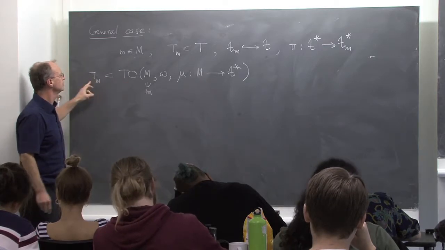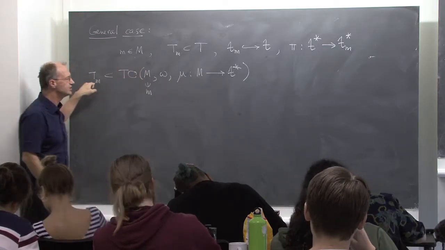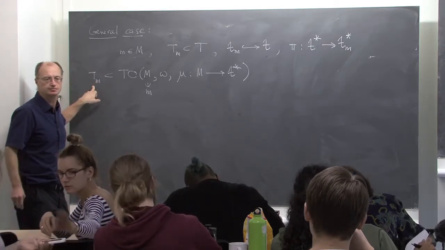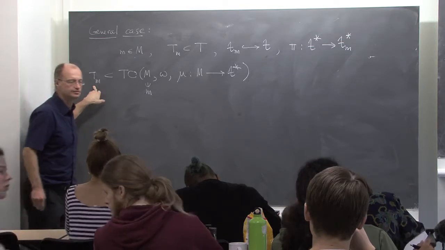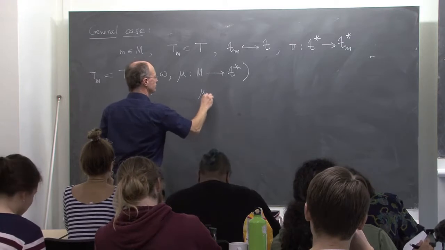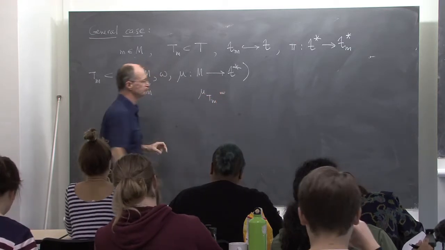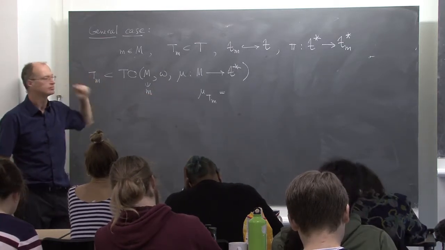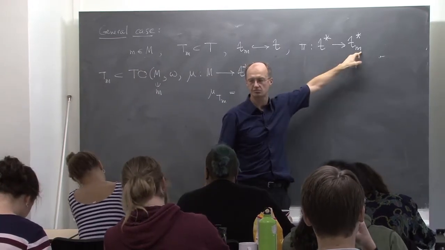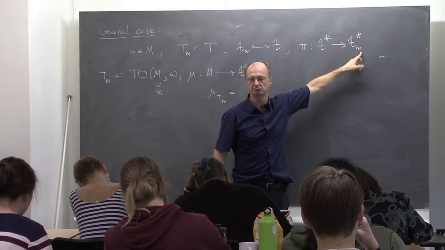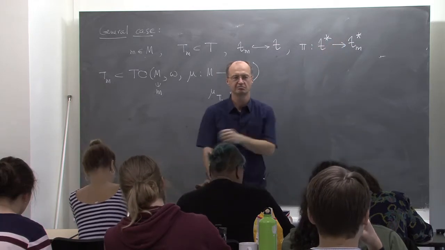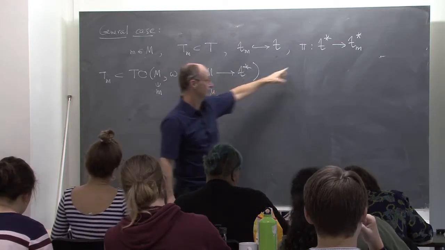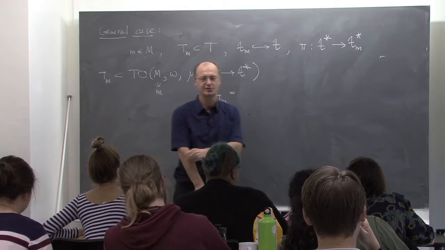Okay, so this is a Hamiltonian Tm space. So what's the moment map for this Tm action? So mu Tm. So can we produce from this data a moment map for the Tm action? So it should preferably take values in Tm star. So what could it possibly be? So you have a map to T star. You have a natural map from T star to Tm star.